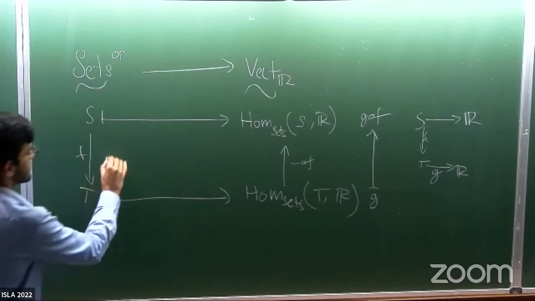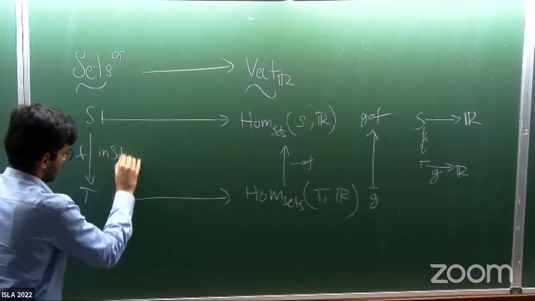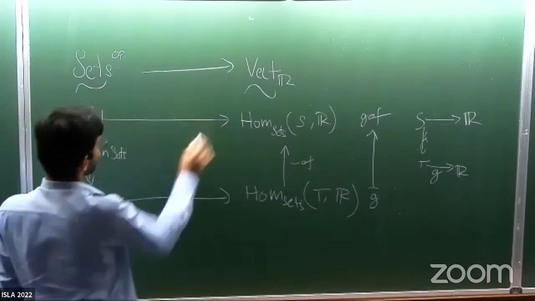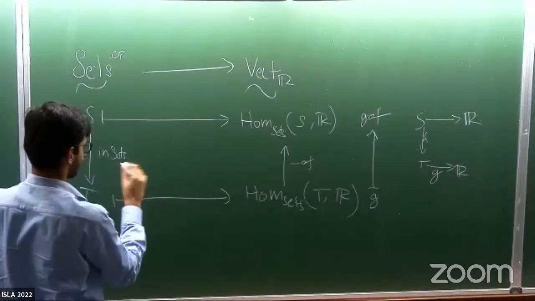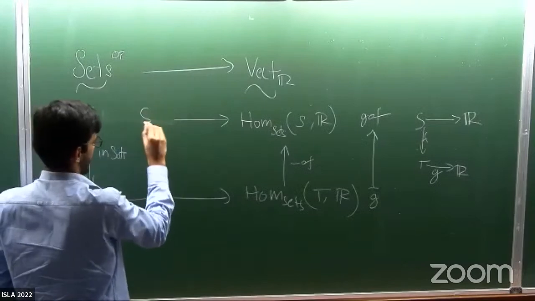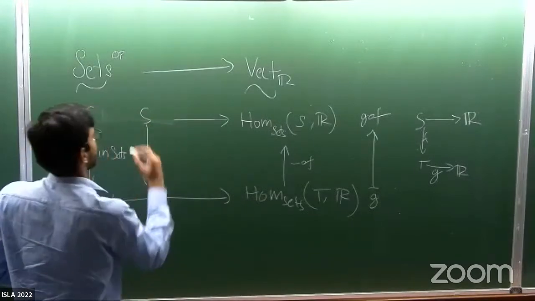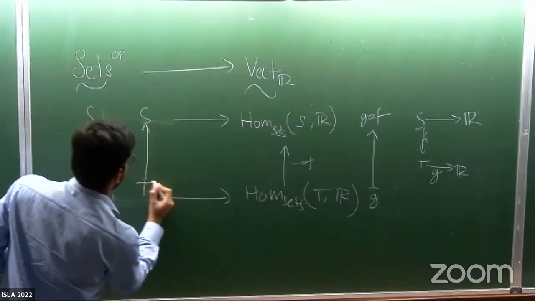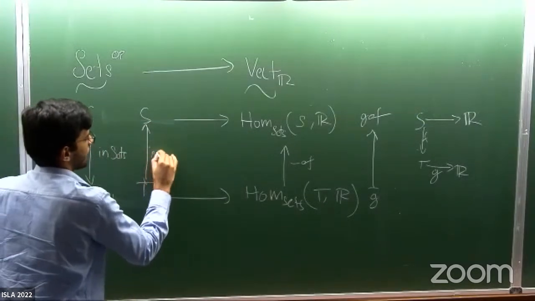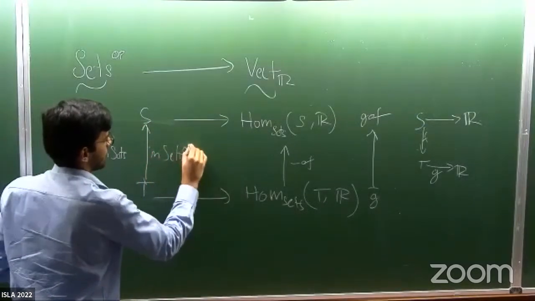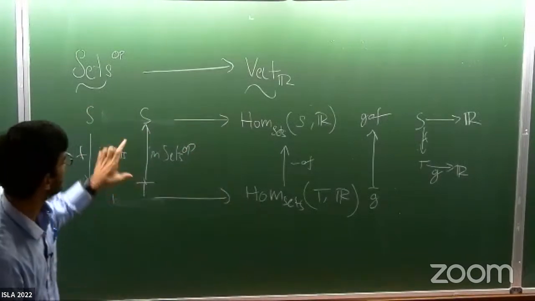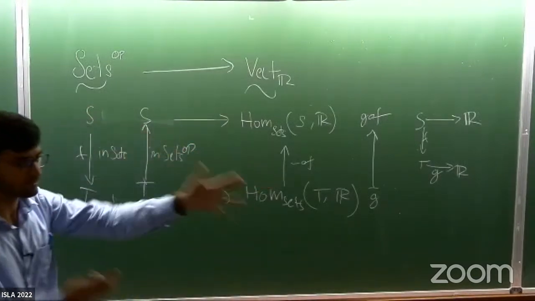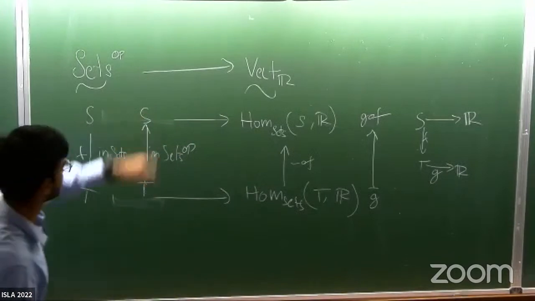We begin with an arrow in sets. In sets op, it will look like T to S, and then we map arrow to arrow without any inversion.